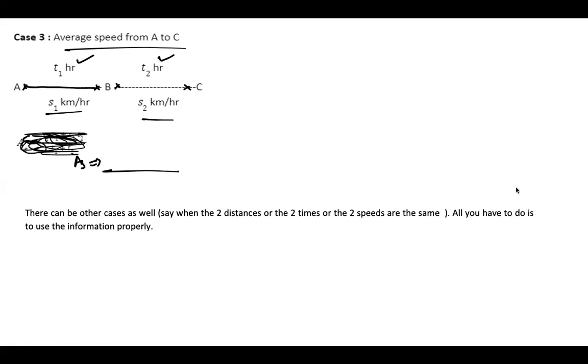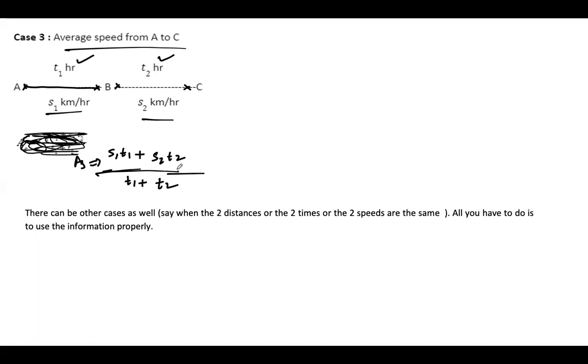No, but I know the time and I know the speed. So Nishant, what will be the distance traveled from A to B? S1 into T1, plus the distance from B to C, S2 into T2, divided by the total time taken, which is T1 plus T2.